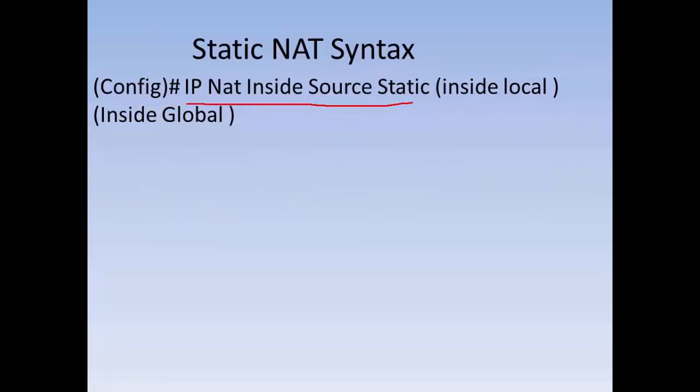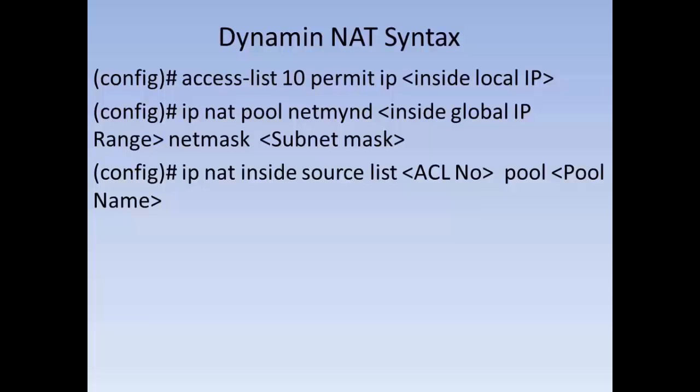Here I used the static word, then inside source and then outside source. Same thing here: ip nat inside source list, which is the inside local IPs permitted to go outside, and then the pool, the outside global addresses, named netmind here. Is that clear?